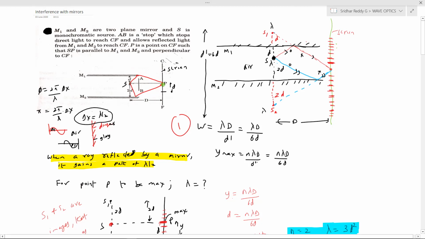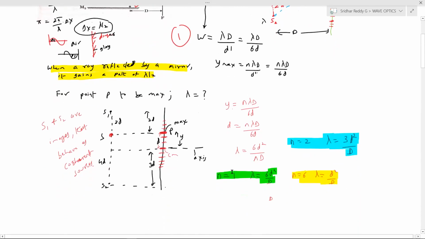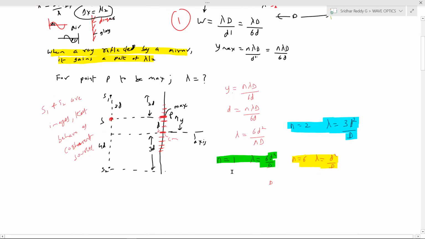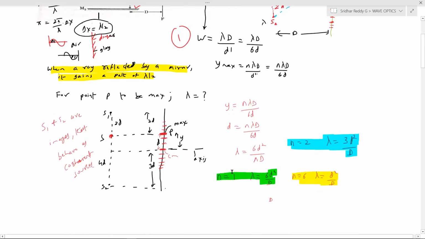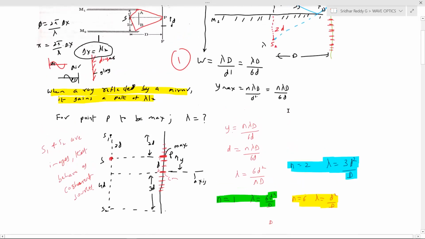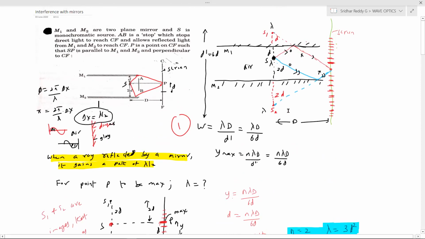For point P to be maxima, what should be the wavelength of the light? Okay, this will be the question.